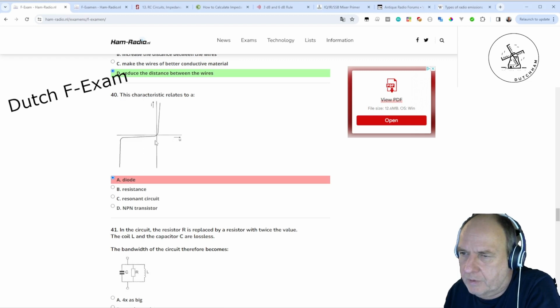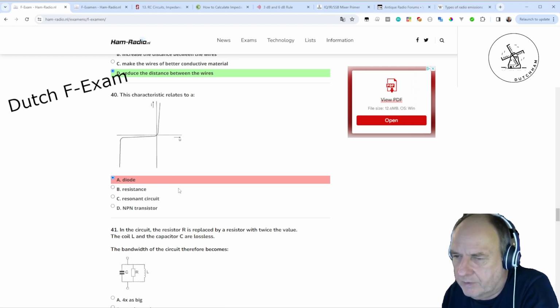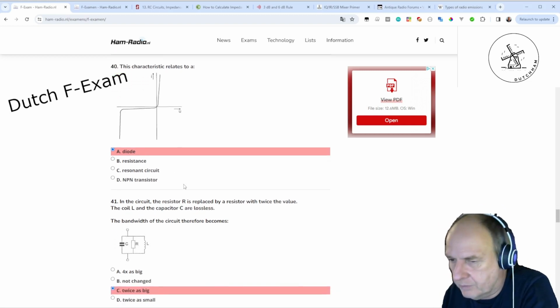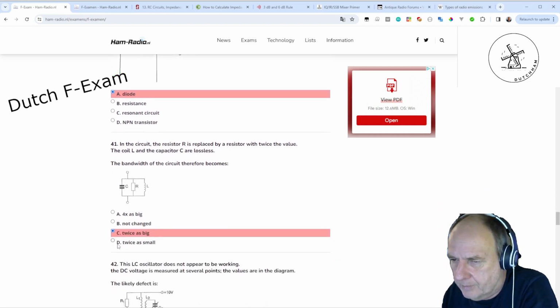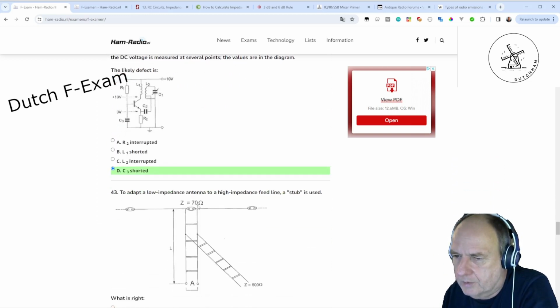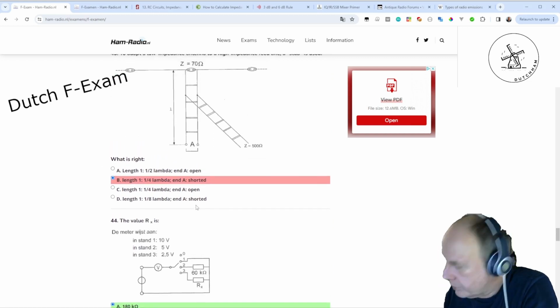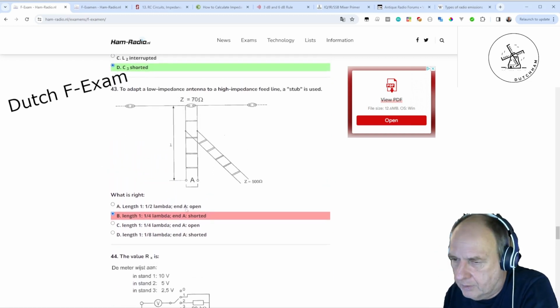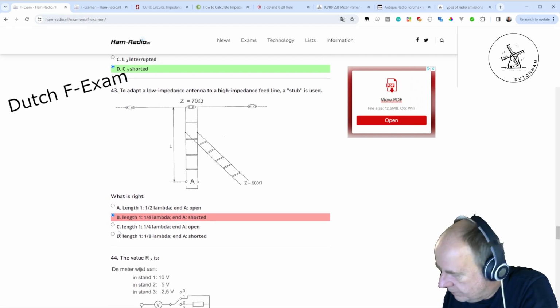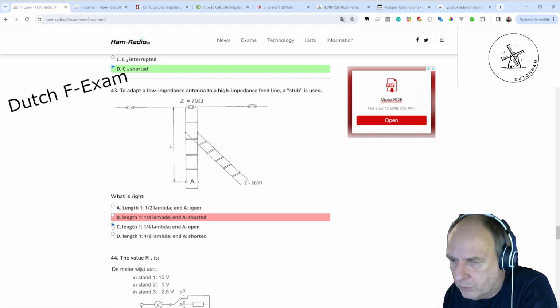I have to look it up, do a Google search on that. 41 was also D, so I should have changed it. And this 43 was quarter wavelength, but open at the end.